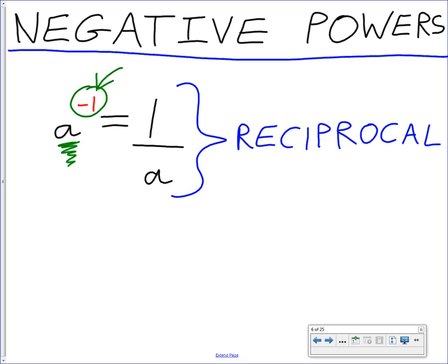Now, the reciprocal is simply flipping the invisible fraction, that is a over 1, upside down. So, for example, 5 to the -1 equals 1 over 5.